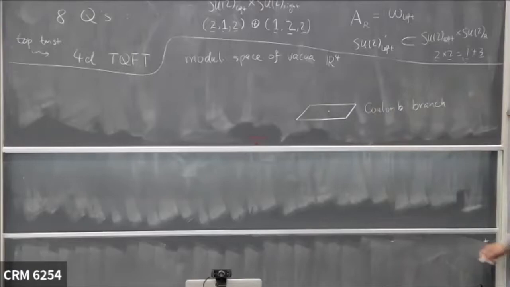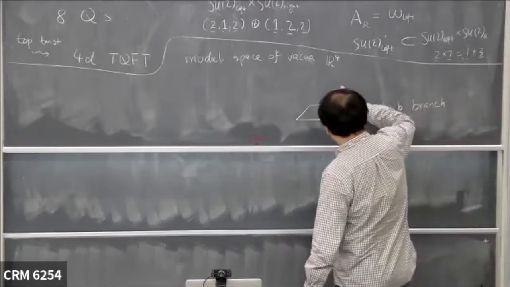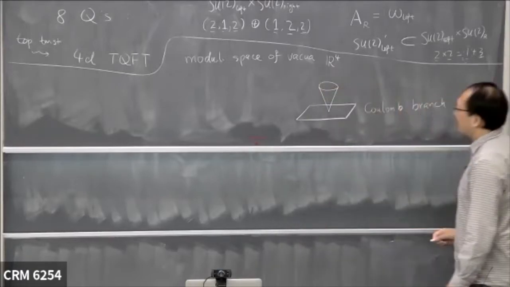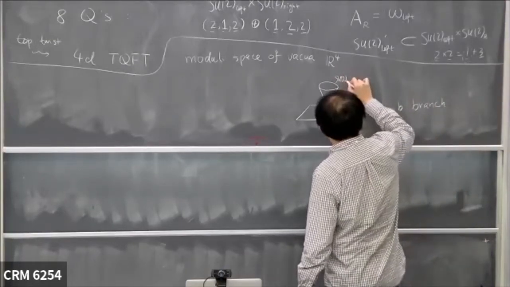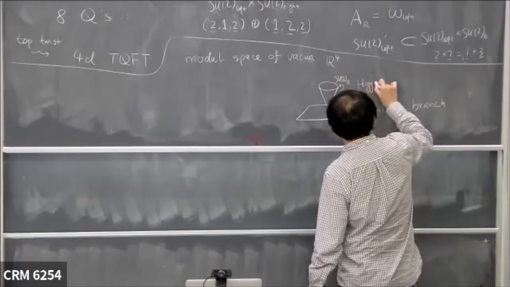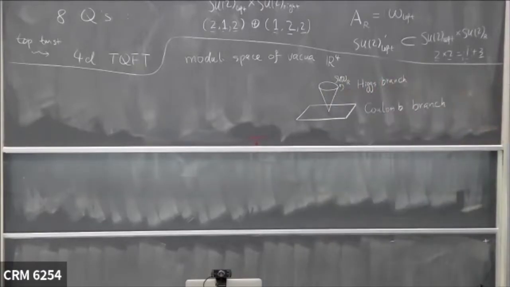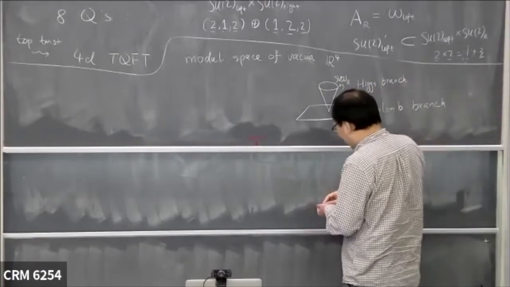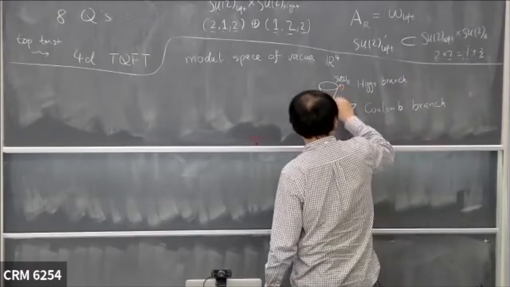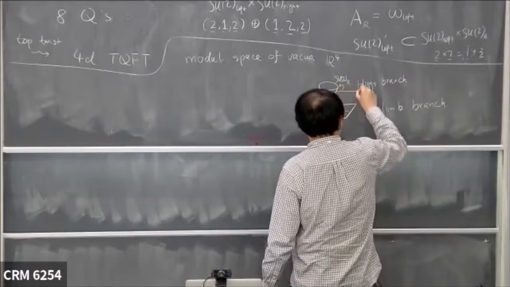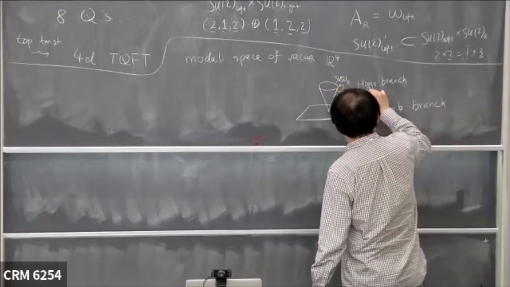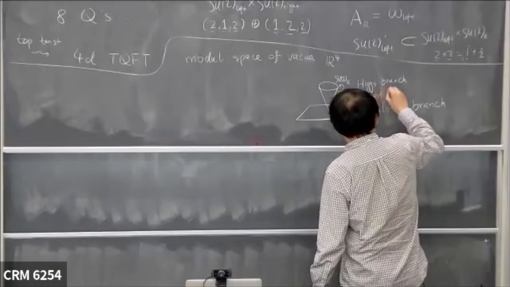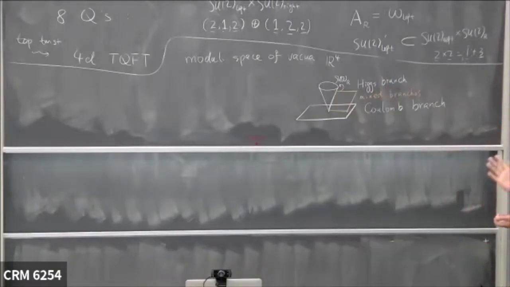And then there are other branches. For example, there is a branch where the SU2R acts non-trivially. That's the Higgs branch. And then there are also potentially other branches, which maybe look like this. These are usually referred to as mixed branches that somehow interpolate between these.